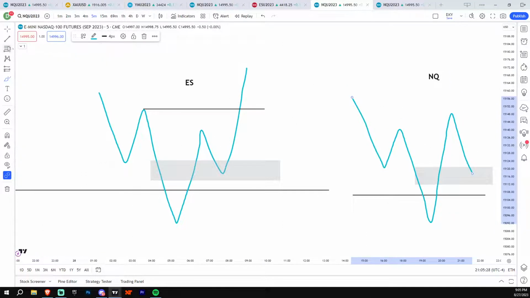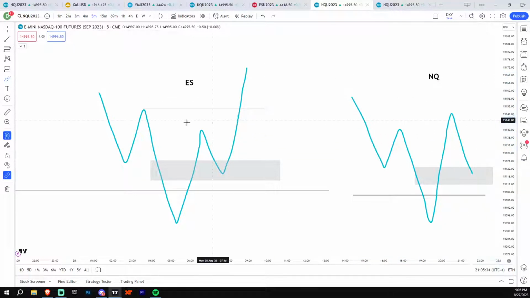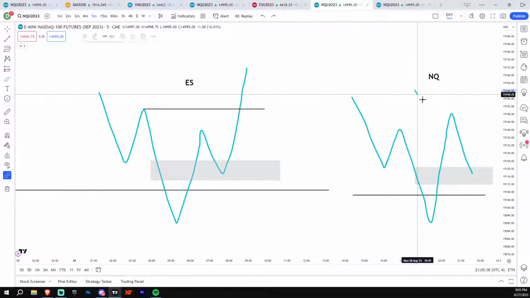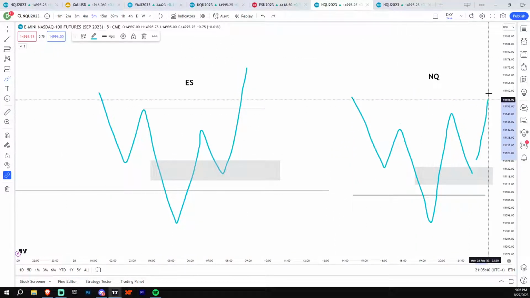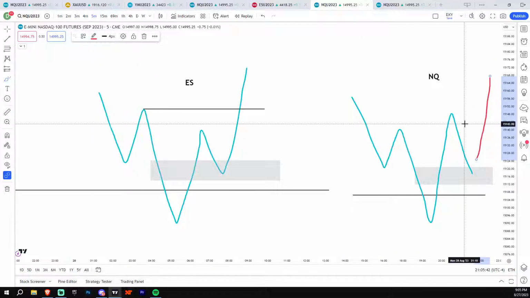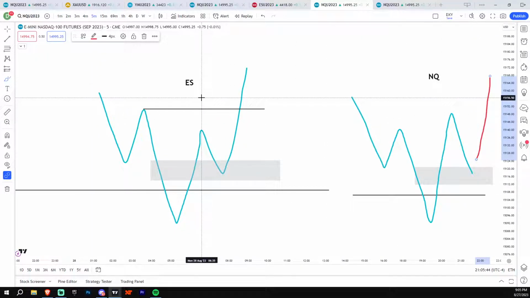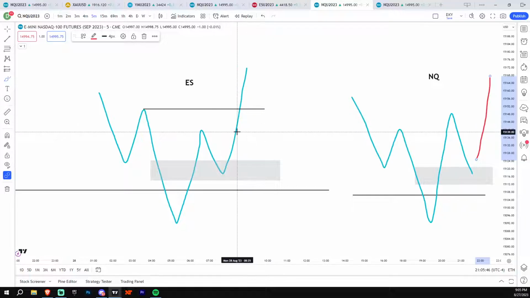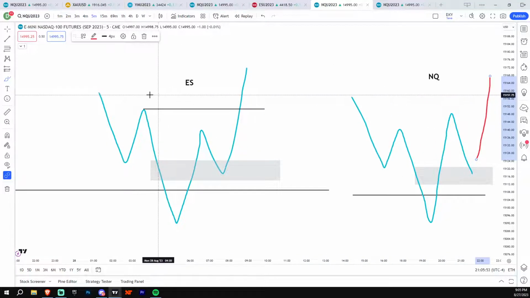I want to bring your attention to this. This is going to be like a question mark kind of line. We don't know if this line is going to work yet, so I'll draw this in red. The other rule I have regarding inverses has to do with whether one of the indexes has hit the high.